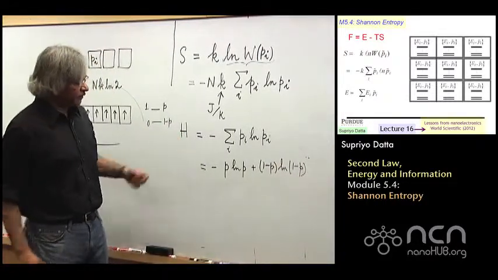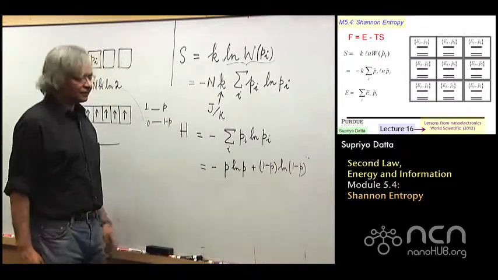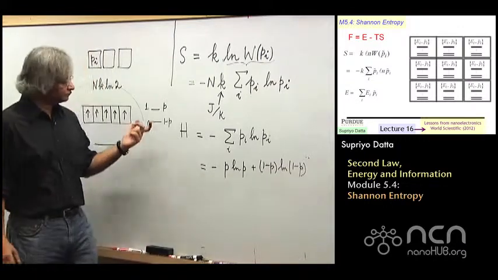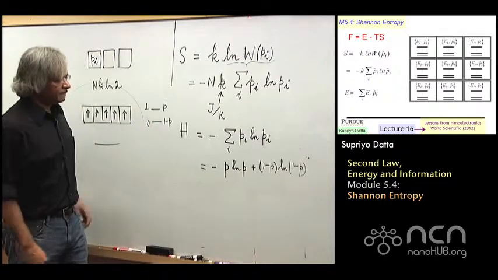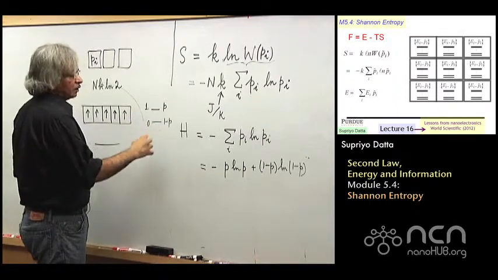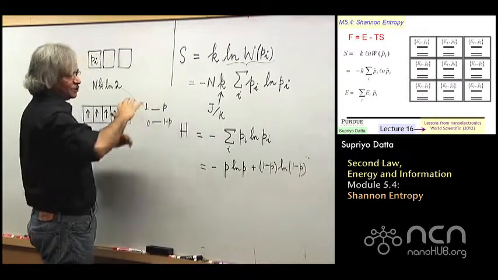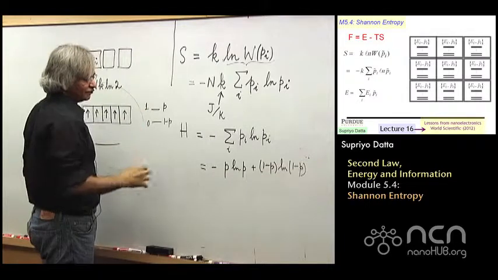The information content, the way it is defined, the way you think about it, is that you have this bit stream, and if you didn't know what state it is in, then you could think of it as, in other words, it could be in all kinds of possible states, and the entropy is a measure of that.